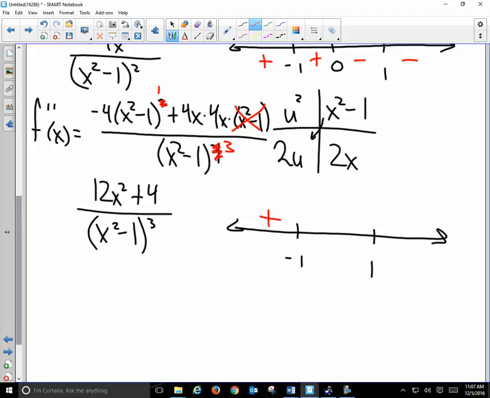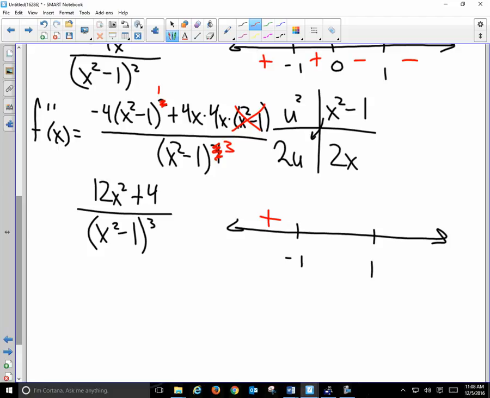Well, the critical points, I must consider where the top is equal to 0, and it's never equal to 0, because it's always positive. And I have to consider where the bottom is equal to 0. That's where the function's undefined. So that's why I choose negative 1 and positive 1. But right now, I'm only plugging numbers back into the bottom to save time, because I know the top is going to come out to be positive.